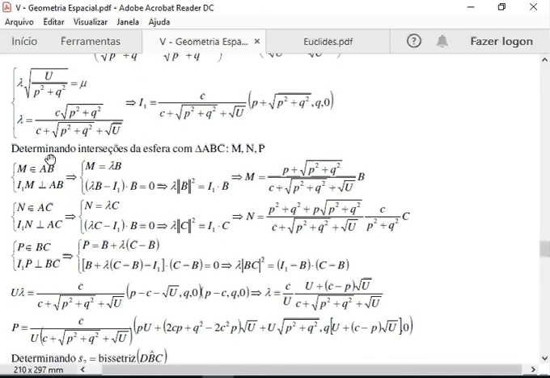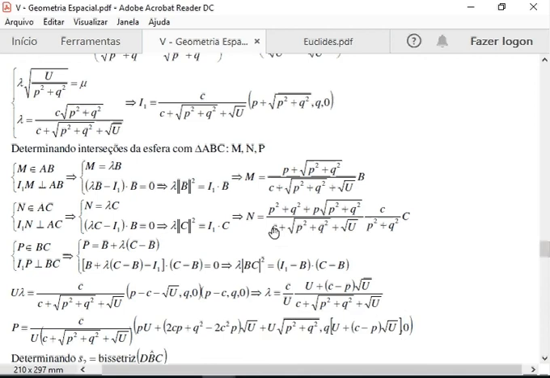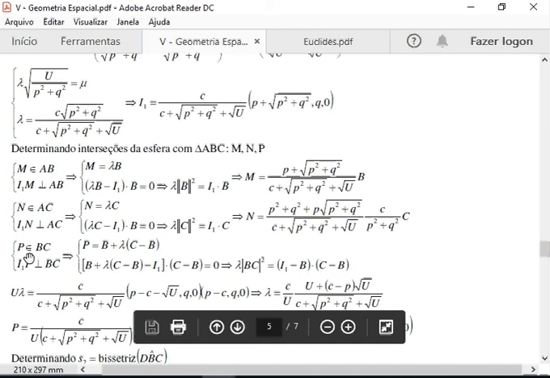Let us determine the intersections of the sphere with the triangle ABC, the points M, N, and P. M is in AB, M equals lambda B. I1M is perpendicular to AB. M is this times B. N is in AC, I1N is perpendicular to AC. N is something that multiplies C. P is in BC, I1P perpendicular to BC.